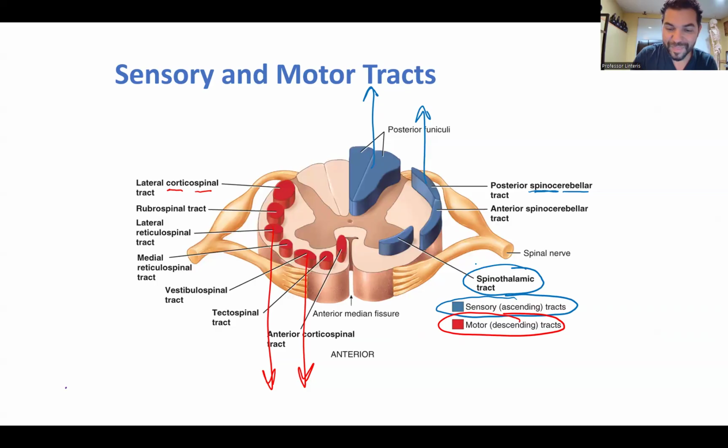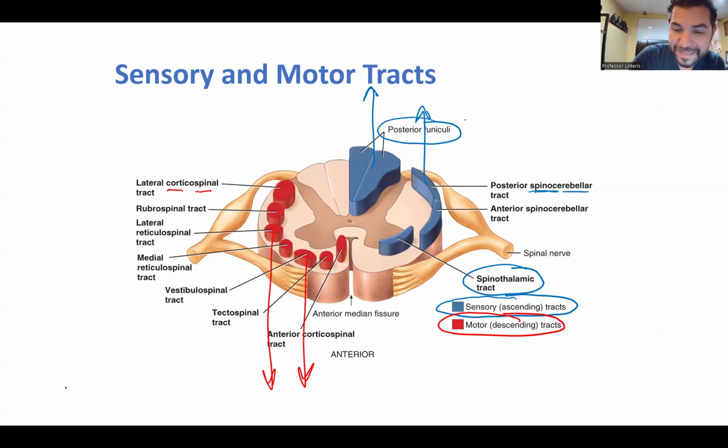Spinothalamic, from the spine to the thalamus, which we'll talk about a lot in the next lecture. And the last one is the posterior funiculus or posterior funicula. There are two tracts in there. These tracts carry messages, and I'll highlight a few of them.